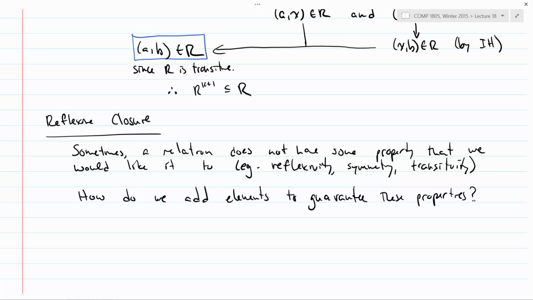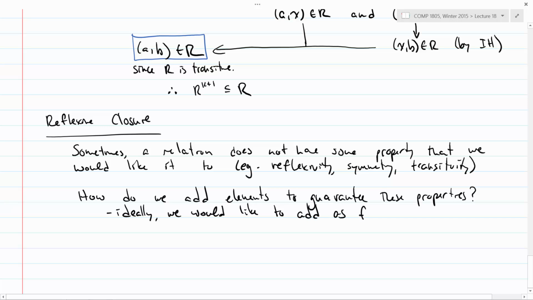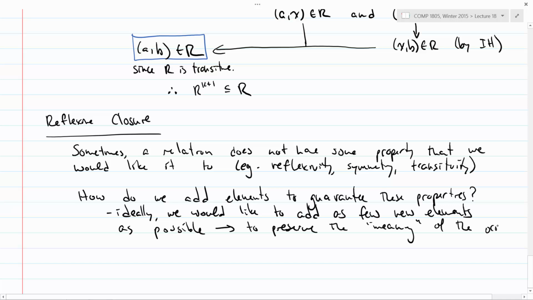So we'd like to refine that a little bit and do it in such a way that we add as few new elements as possible. And we do this to preserve the meaning of the original relation. That's the idea.